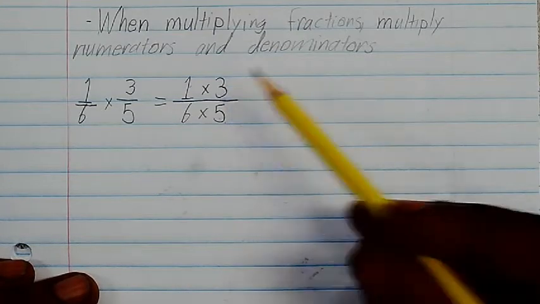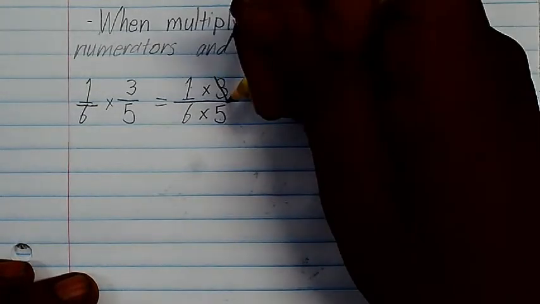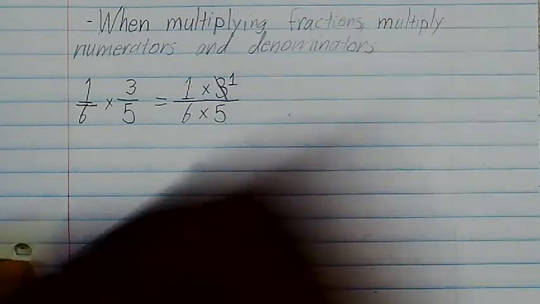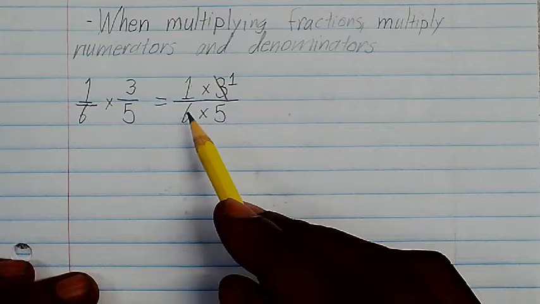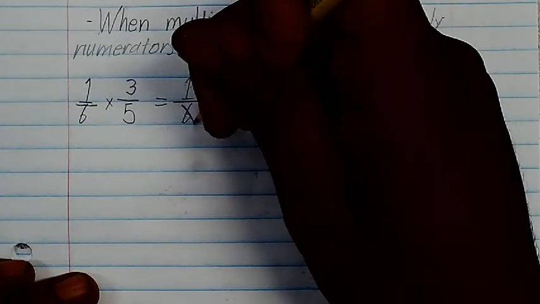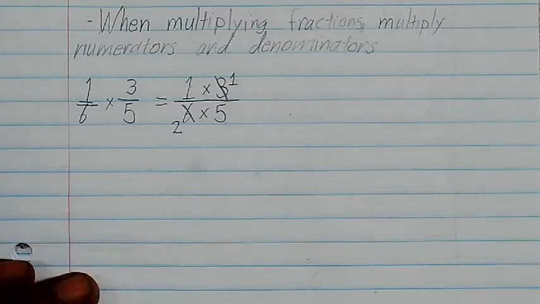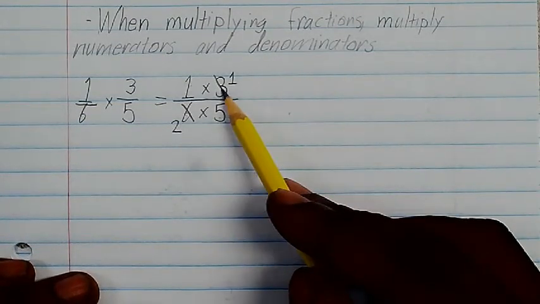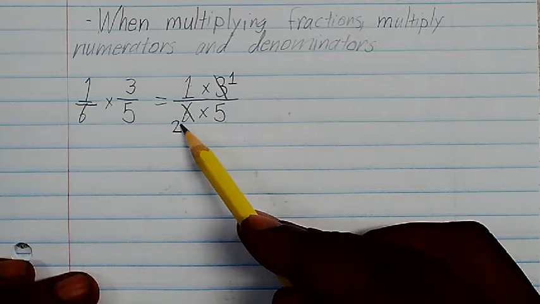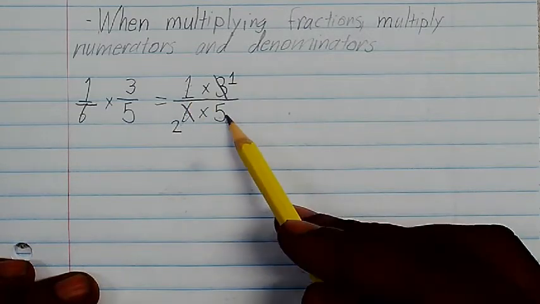So I'm going to divide 3 by 3, cross this 3 out, that's going to give us 1. I'm going to divide 6 by 3, cross this 6 out, that's going to give us 2. Okay? Remember, we can cross simplify numerator with the opposite denominator, numerator with the opposite denominator.